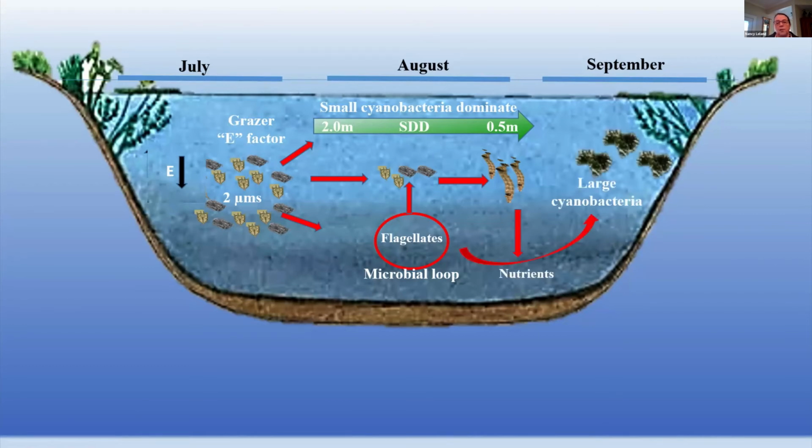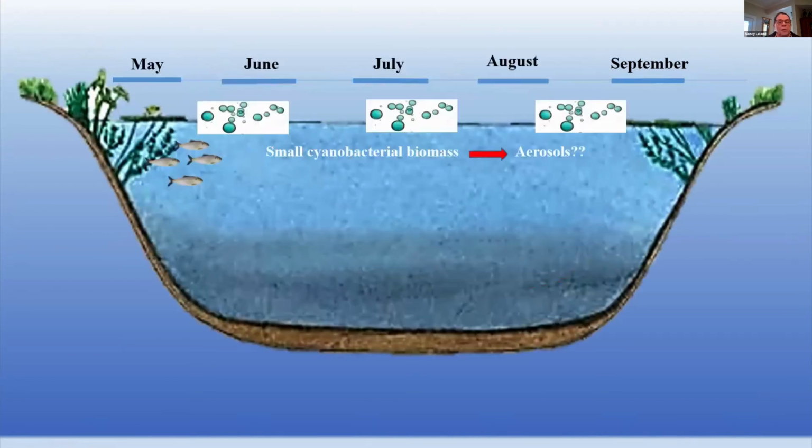So what we hypothesize is what's happening in Lower Mill Pond in part is that we're getting an excess of nutrients through internal nutrient recycling, which is now available to the larger cyanobacterial forms. And then we are seeing the surface blooms later on in the season. So what does that mean for the juvenile alewife in terms of them being part of this ecosystem?